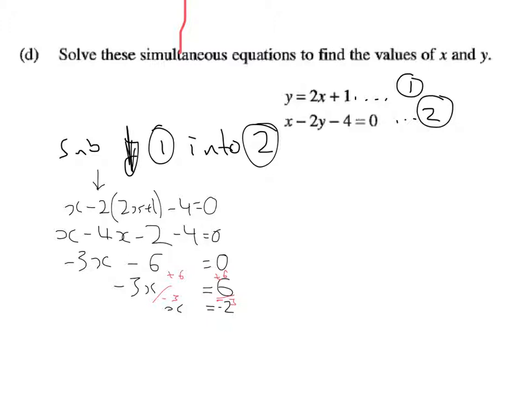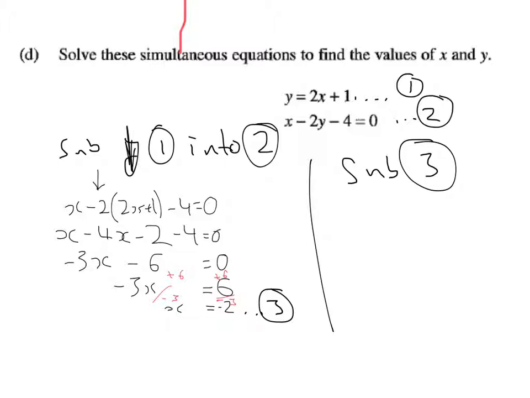What we do is, we get that final answer, and we make it our third equation. And I'm going to sub equation number 3, which is a value for x, into one of these fellas. Now if I sub it into here, y is there, it's not going to really help us out. If I sub it into here, y is the subject, 2x plus 1, that is the easier option.